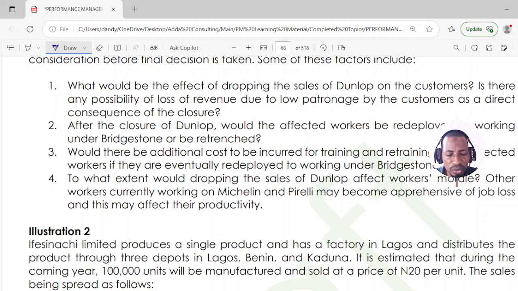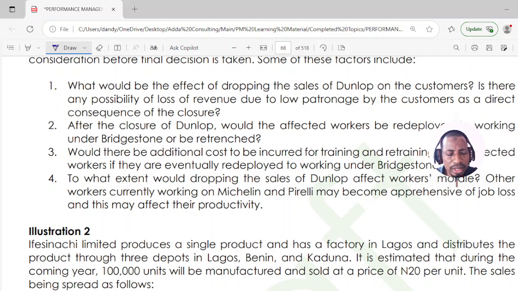So all of this will also need to be considered. Then number four, to what extent would dropping the sales of Dunlop affect workers' morale? Other workers currently working on Michelin and Pirelli may become apprehensive of job loss, and this may affect their productivity.